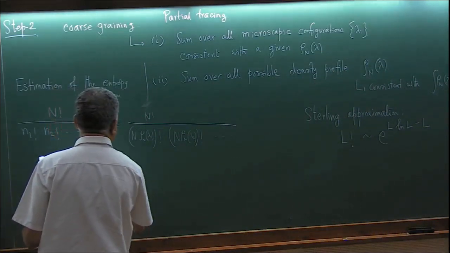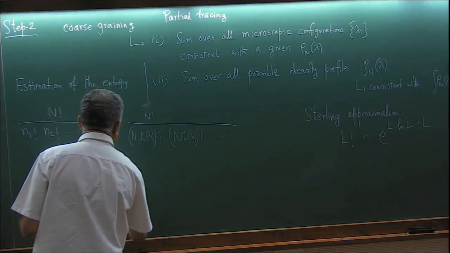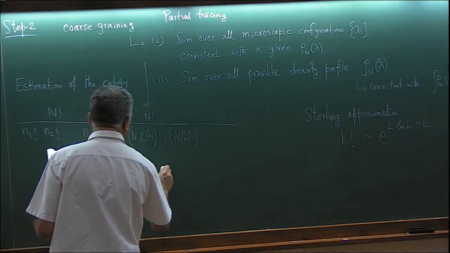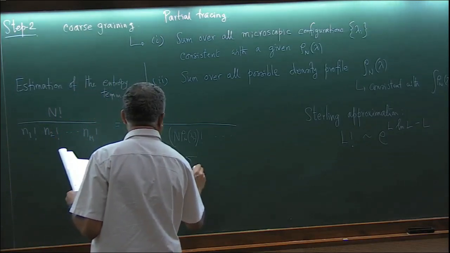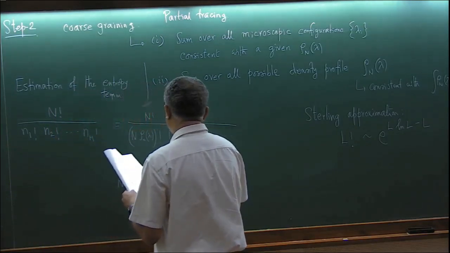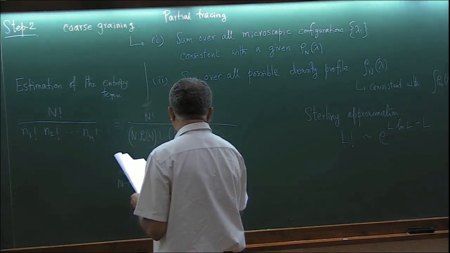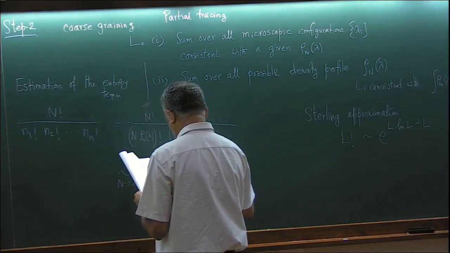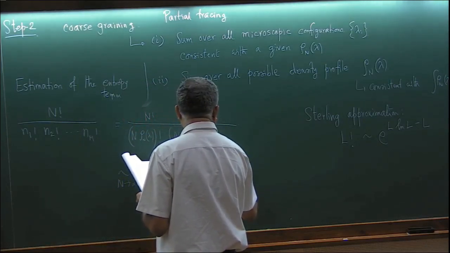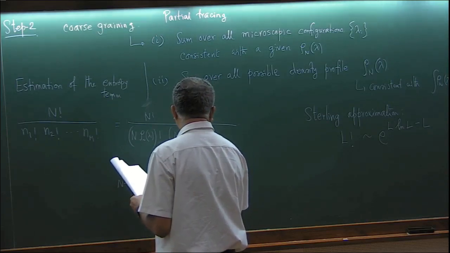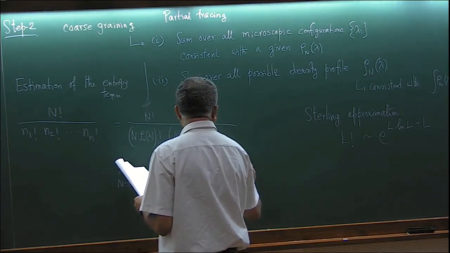If you do this, what you will find in the large n limit, using the Stirling formula, is that this just becomes e to the power minus n, and then you have this sum over i of all these terms. Then you replace the sum by an integral.